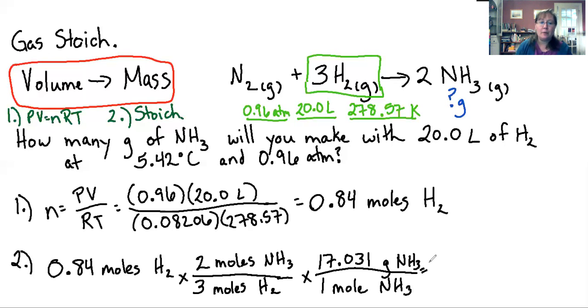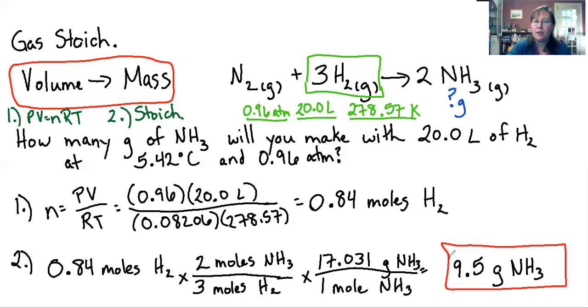Now I do my stoichiometry, 0.84 times 2 times 17.031 divided by 3. And I can only have two significant figures because of the 0.84 moles here. And so this becomes 9.5 grams of ammonia.